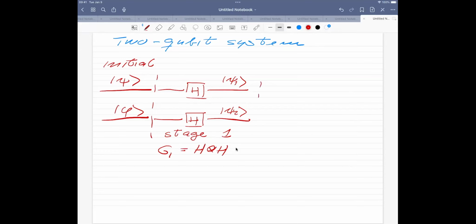Then what we could do next is to perform a control NOT operation. So we could now have this, and then we have a control NOT. So that's a CX operation. So this is stage 2 here. And in that case, we have a G2, which is actually given by this CX, the control not gate.